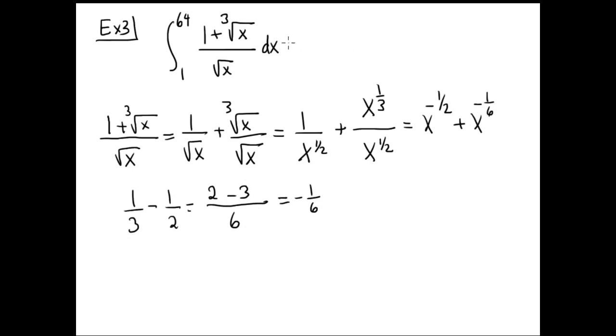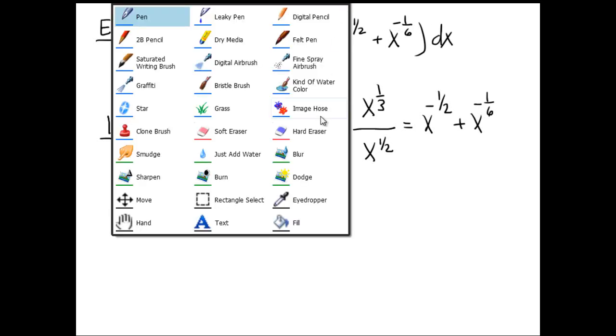This is -1/6, x to the -1/6. So my problem now is the integral from 1 to 64 of x raised to the -1/2 plus x raised to the -1/6 dx.